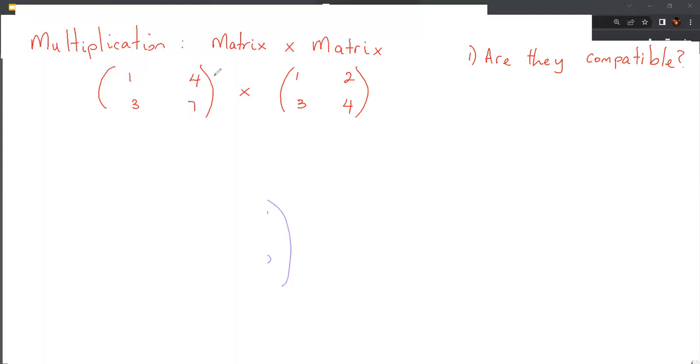First things first, you have to find out what are your sizes or your orders of each matrix. So this matrix is a 2 by 2 matrix. This matrix is also a 2 by 2 matrix. In order for them to be compatible, these two inner numbers, right, the two inner numbers, they must be the same for them to be compatible.